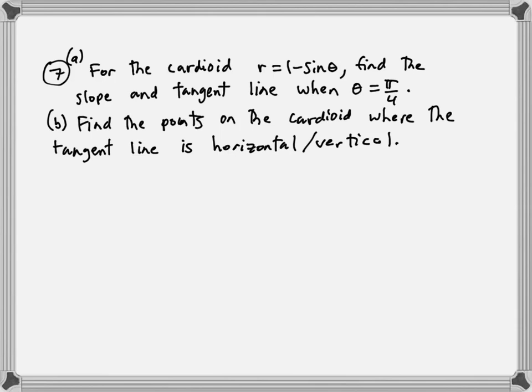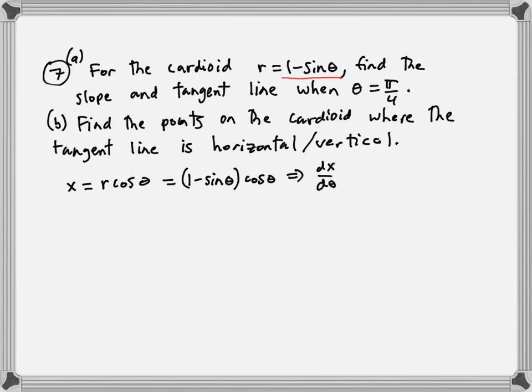Okay, so let's go ahead and practice taking our derivative. So remember, this is how I would do it: x is equal to r cos theta. This is something we know is always true about polar coordinates, but we have r equals 1 minus sine theta, so just replace it. So this means that x is equal to 1 minus sine theta times cos theta. We can take the derivative right away.